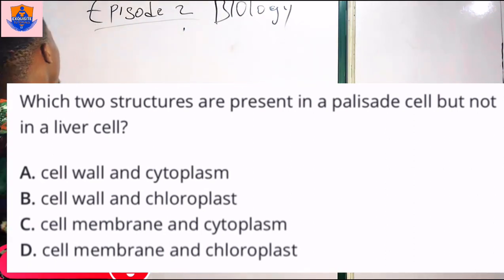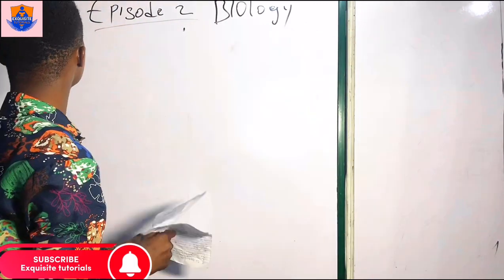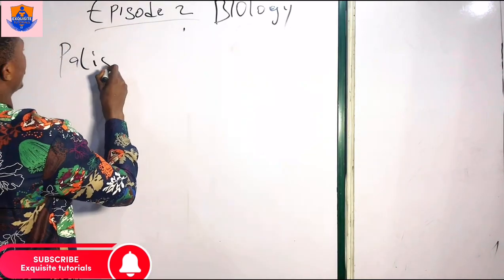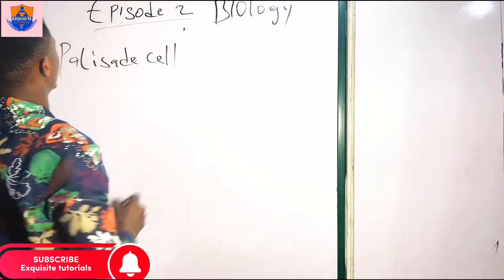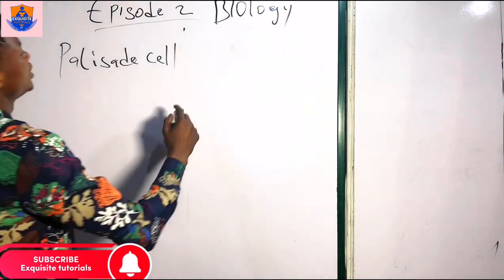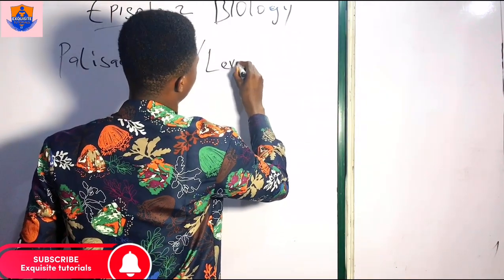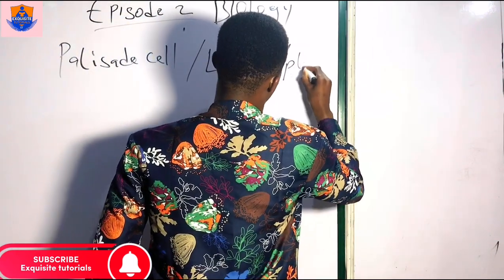Now, sometimes UNIBEN uses some of these words to make us not understand what they are trying to say. A palisade cell just means the cell of a leaf, or you can say a plant cell.